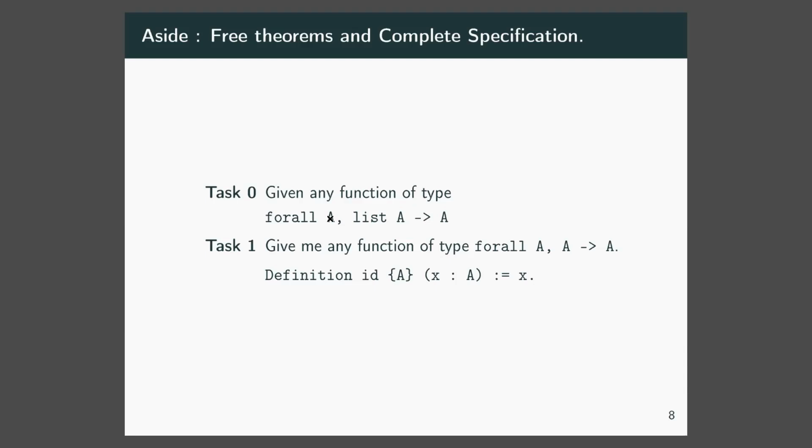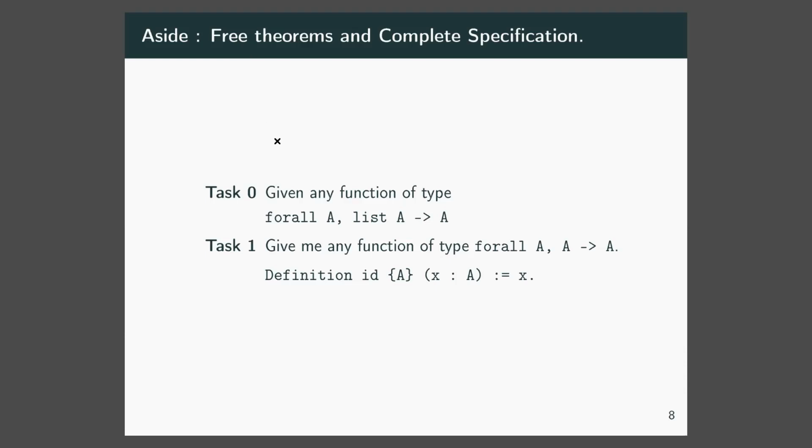In what sense is it a free theorem? It comes from what is known as the parametricity theorem of Reynolds, and the term free theorem is due to a paper by Phil Wadler, which he calls the theorem for free.